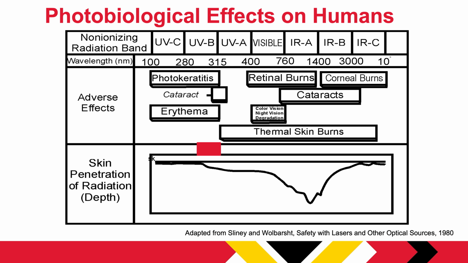And the bottom panel shows the penetration depth relatively into skin as a function of wavelengths. And as you see, all of UVC and UVB is pretty superficially absorbed. It takes the near infrared before it really penetrates into the skin, as from a heat lamp.